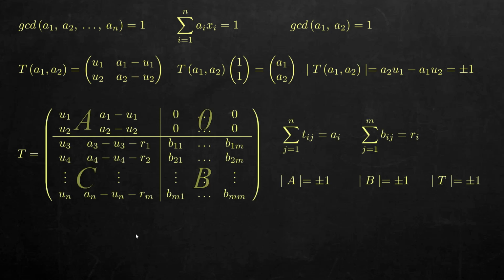Then we build our block matrix, but this time at the bottom right corner we have an n minus 2 times n minus 2 unimodular matrix. The determinant of this matrix T is the product of the determinant of matrix A times matrix B. And since we want T to be unimodular, A and B also must be unimodular.